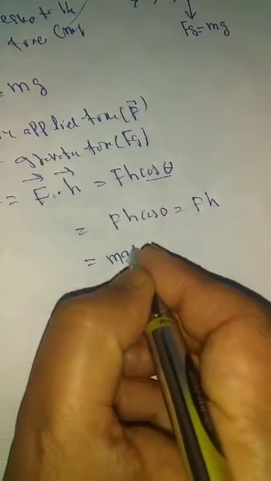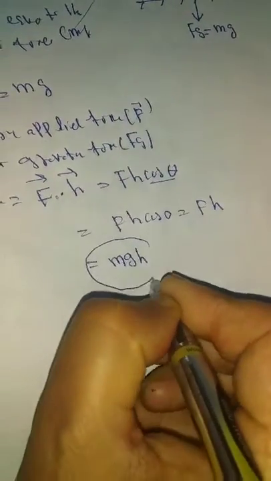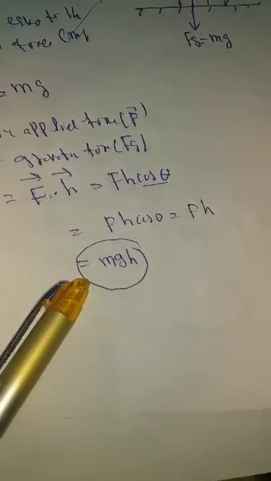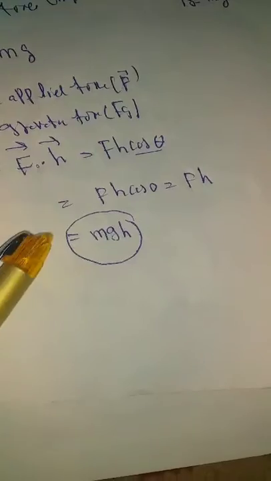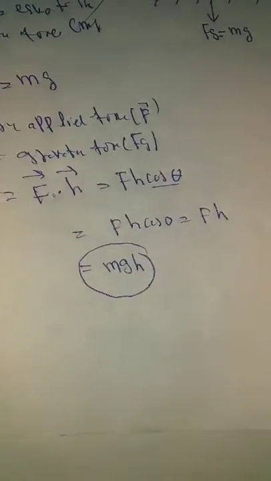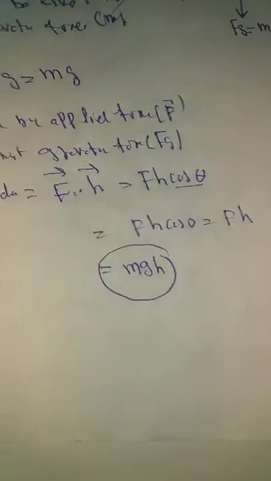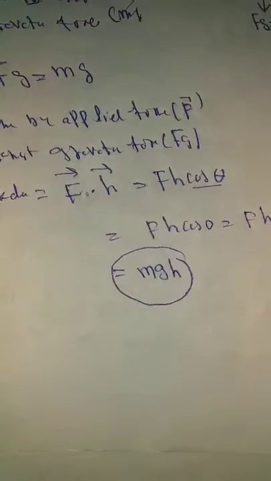So here it is mgh. Sorry, the applied force is equal to mg, where m is mass and g is acceleration due to gravity. This is called the applied force.